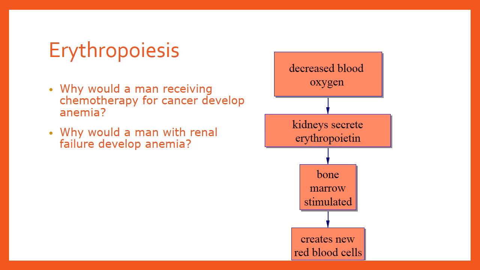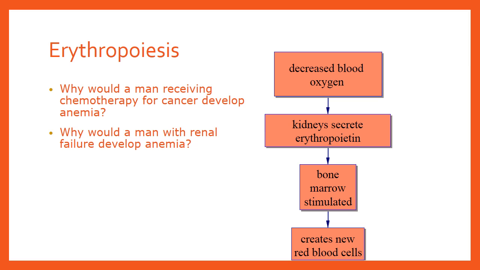Erythropoietin, like thrombopoietin, stimulates bone marrow to produce blood cells. Of course, erythropoietin is for red blood cells, thrombopoietin is for platelets. And when bone marrow is stimulated, it results in creation of new red blood cells, which are initially reticulocytes and then mature red blood cells.